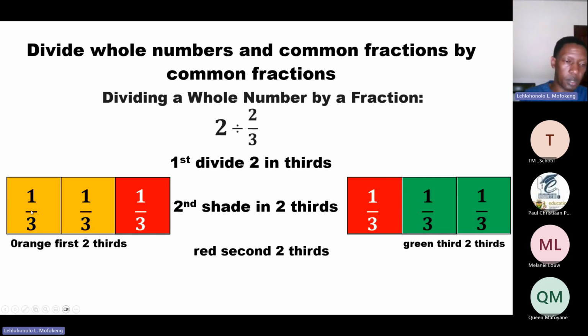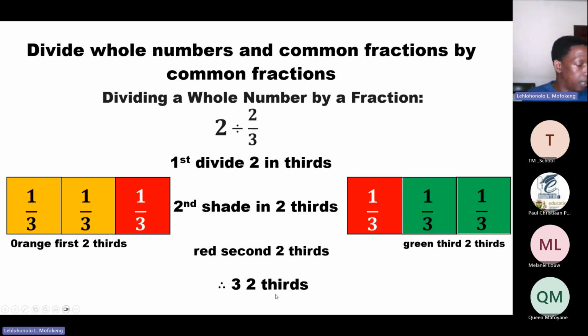We are having orange as 1 2/3, red as 1 2/3, green as 1 2/3. So all in all, we are having 3 2/3.